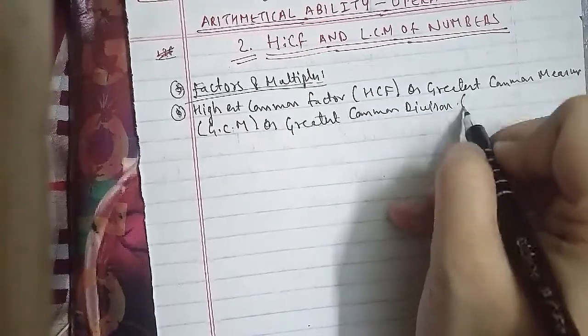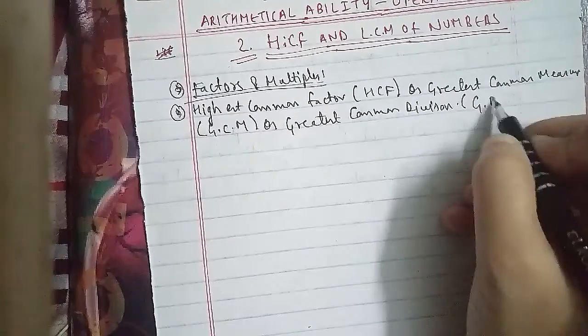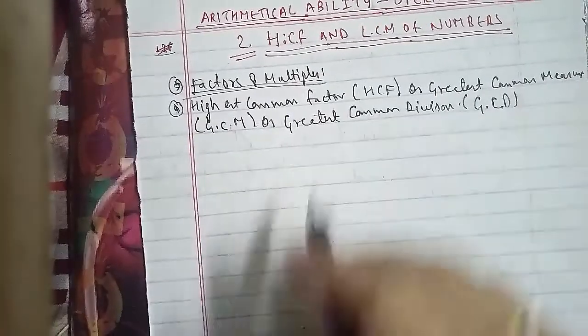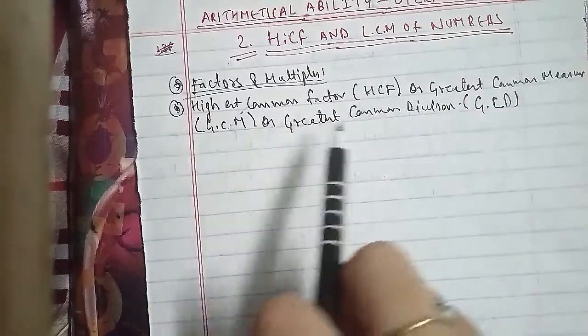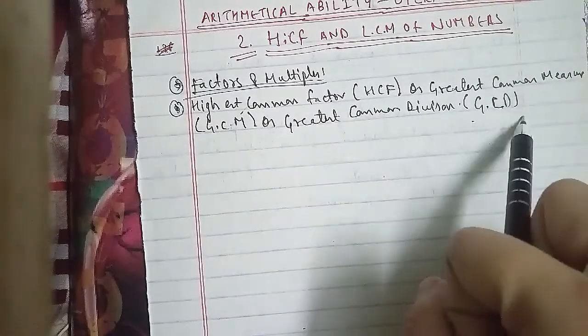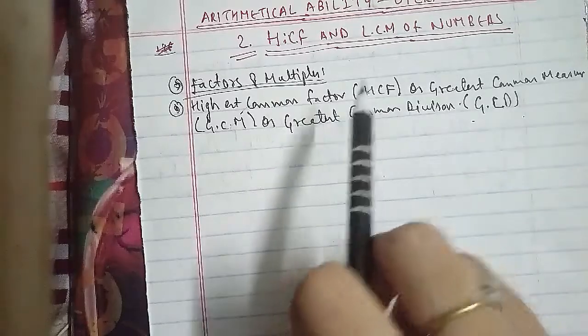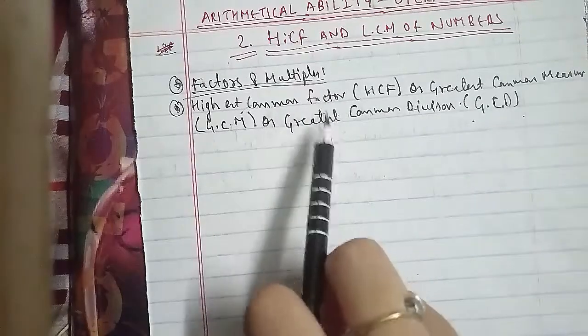Either they can ask you highest common factor, which is HCF, greatest common measure, which is GCM, or greatest common divisor, which is GCD. These are all the same: the HCF of two or more numbers is the greatest number that divides each of them exactly.